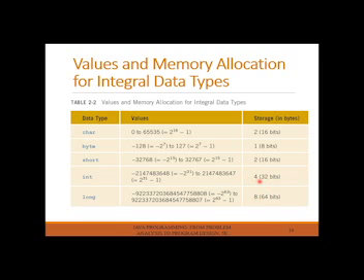Memory allocation. So, dito po makikita nyo gaano kalaki yung i-allocate na memory para dyan. Yung long, negative 2 raised to the 63rd power to positive 2 raised to the 63rd power minus 1. Ang haba kasi ng number, hindi ko na binabasa. So, ang memory allocation natin for that is 8 bytes or equivalent to 64 bits.